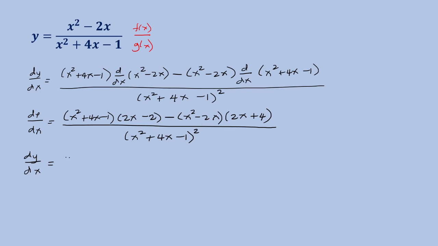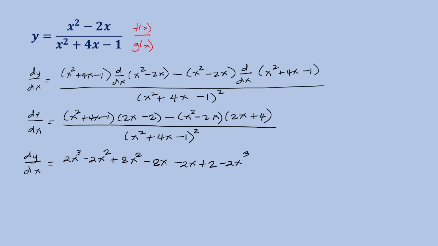So let us have 2x cubed minus 2x squared plus 8x squared minus 8x. And then we have negative 2x plus 2. X squared times 2x is 2x cubed times negative 1 is negative 2x cubed.